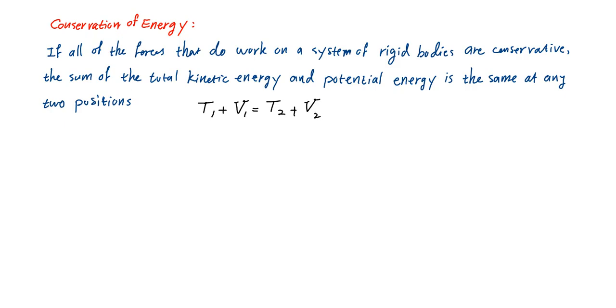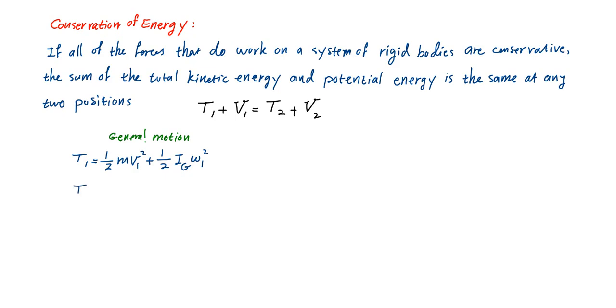Now, kinetic energy when we're dealing with a rigid body, if it's a general planar motion, T1 would be 1 over 2 m v1 squared, v1 being the velocity of the center of gravity, plus 1 over 2 Ig omega 1 squared.